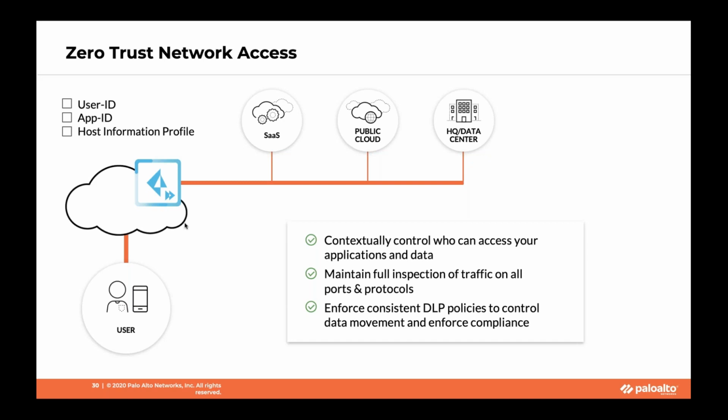HIP is the host checking part of Global Protect. It's also available for you to use. All this together gives you zero trust network access.